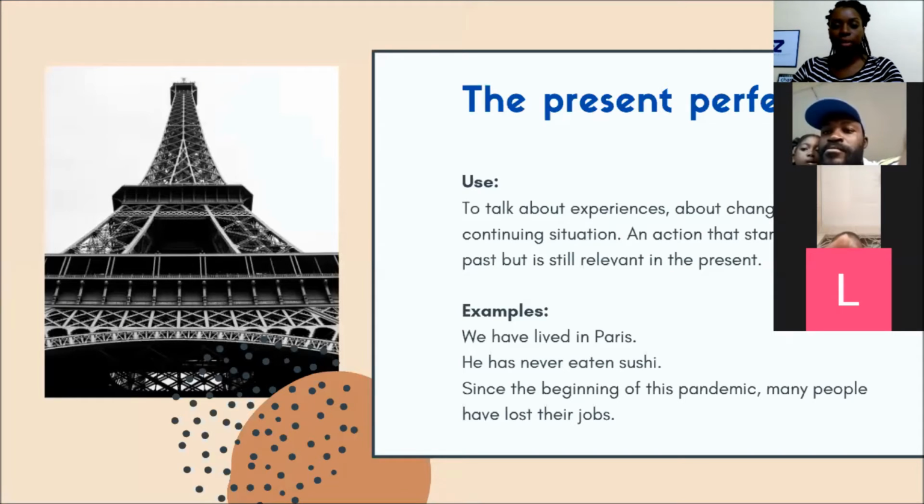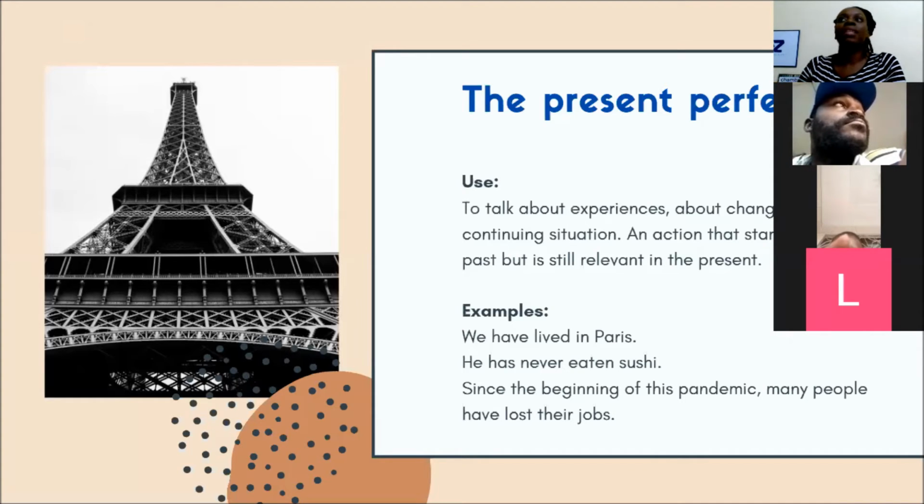An action that started in the past, but that is still relevant in the present. So, for example, we have lived in Paris. It's an experience. It's something that happened maybe a long time ago, but it's still true today. I still have that experience of having lived in Paris because we have lived in Paris.